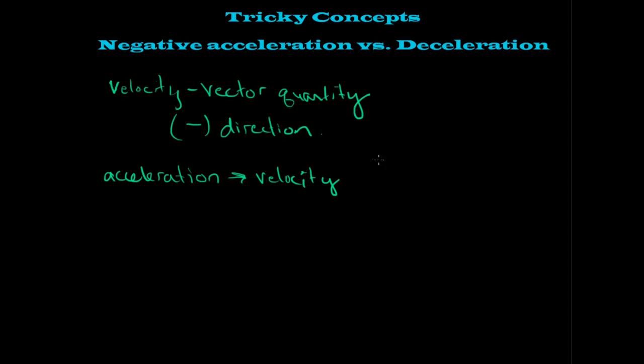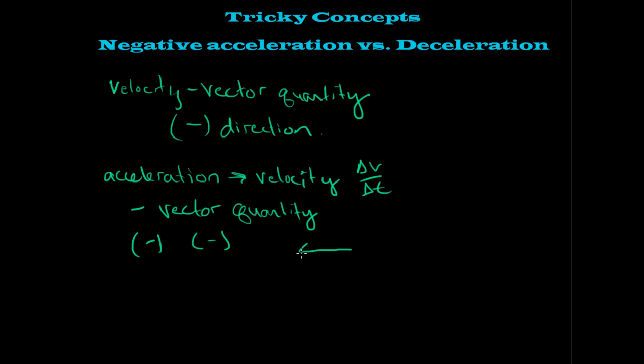It is actually a change in velocity over a change in time. So acceleration is also a vector quantity. So if the acceleration is negative and the velocity is negative, then the object is going this way, and it's increasing and increasing in that direction.